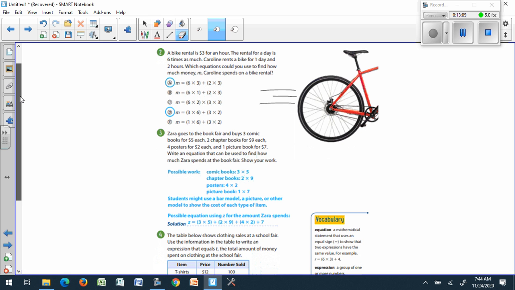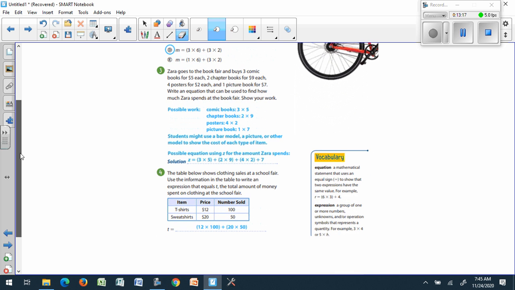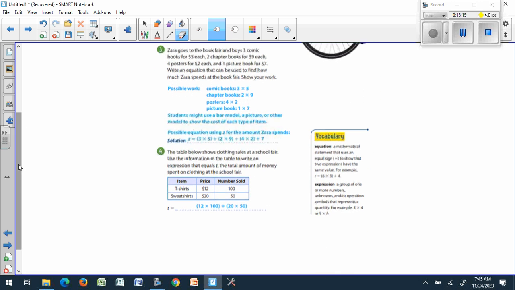Okay, so number 2, you should have both A and D circled. For number 3, it's showing possible work. So it looks at your multiplication sentence for comic, chapter, posters, and picture book. It says you can draw a bar model or a picture. You can do either one.